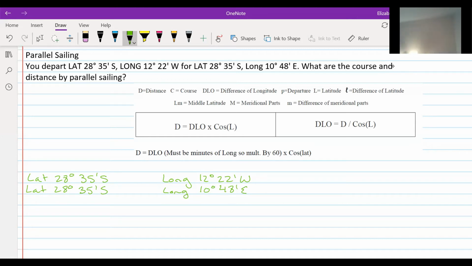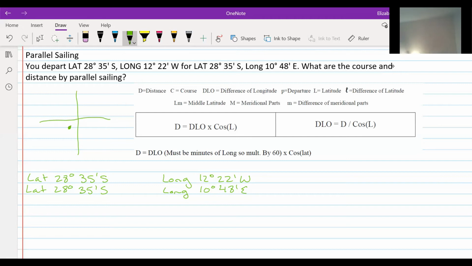So for this problem, we are still on our world map. We are at a southerly latitude for the first half, with our longitude of 12 degrees, 22 minutes west. So we are here. And then for the second half of the problem, we are at latitude 28 degrees, 35 minutes south.